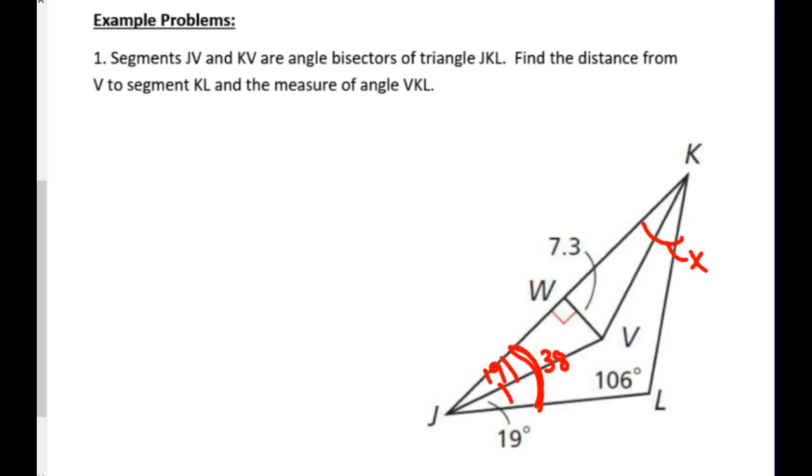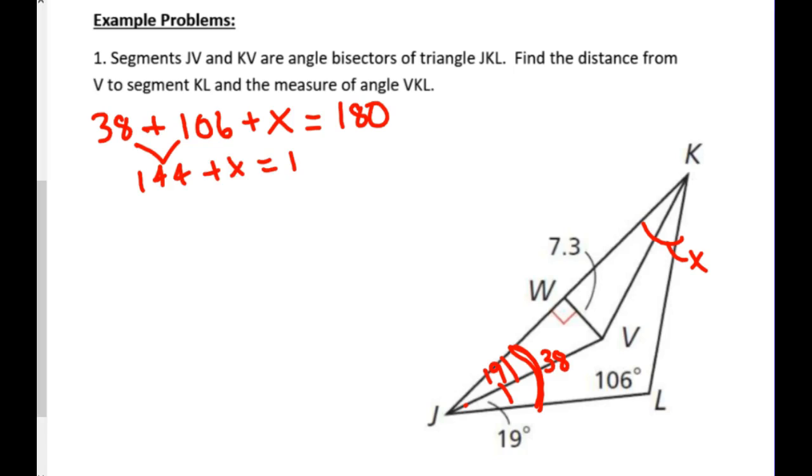So let's make my equation. My big angle over here, 38, plus my other angle, 106, plus x equals 180. And we can solve this, of course. We're going to combine like terms. 38 plus 106, 144, plus x equals 180.